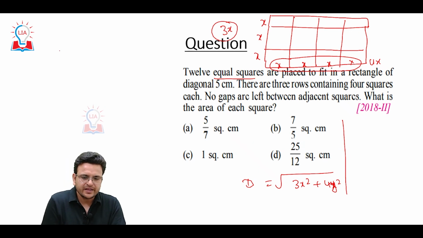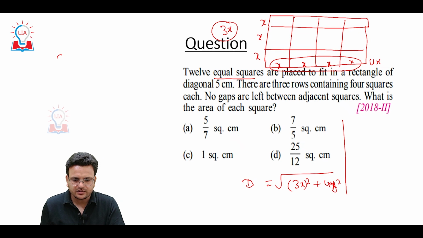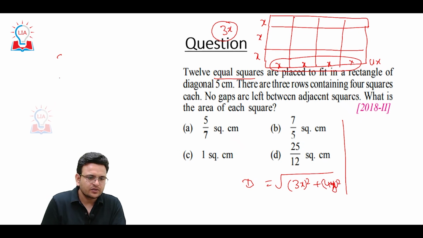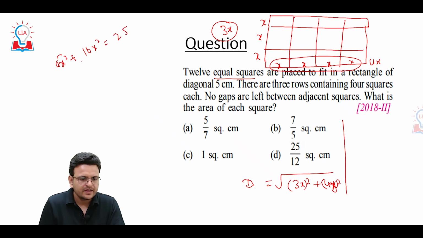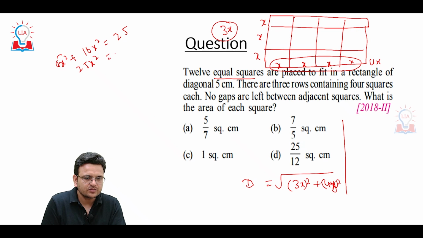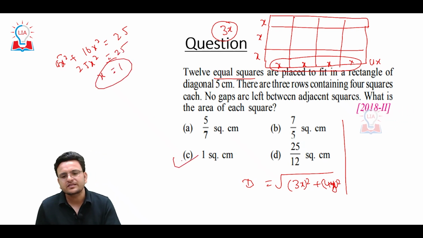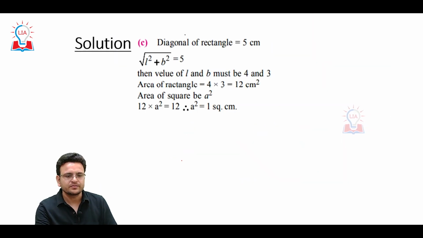So it simply means 9x square plus 16x square equal to 25, 25x square equal to 25, and x becomes 1. So hope you are able to understand this particular question.